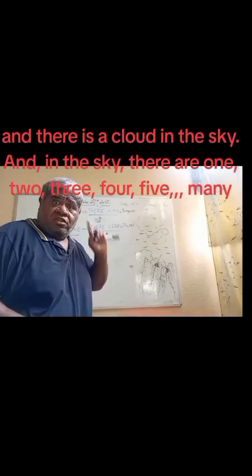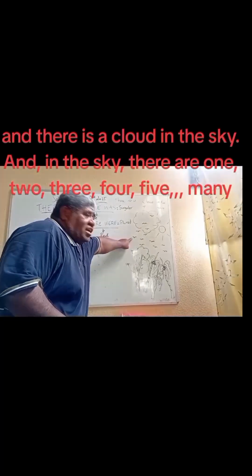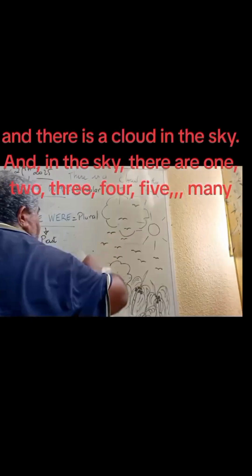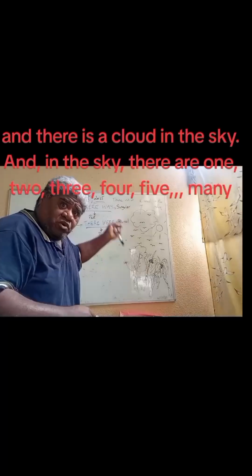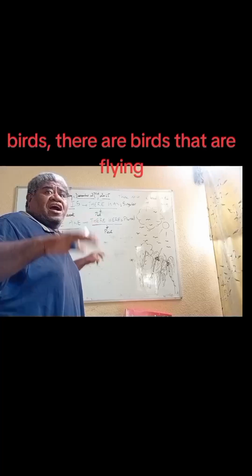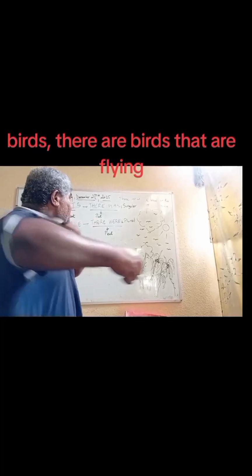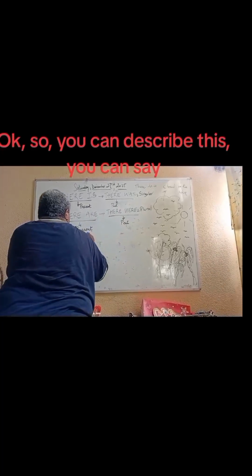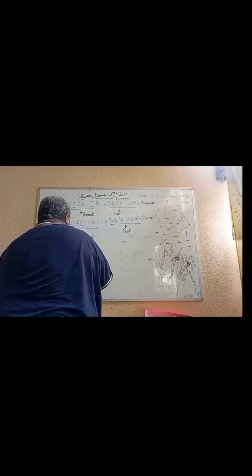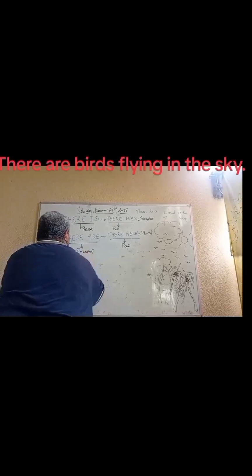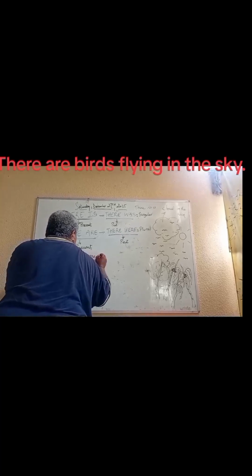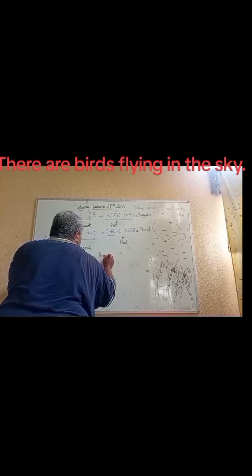And in the sky, there are one, two, three, four, five, many birds. There are birds that are flying. So you can describe this. You can say, I'm going to write with this marker, there are birds.